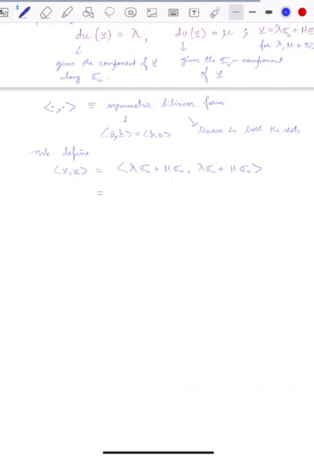As per linearity, we can write it as lambda, which is just a scalar, and we can bring it out of the inner product: sigma u, comma lambda sigma u plus mu sigma v, plus, for the second term, mu again is a scalar, so we can bring it out of the inner product, and this will have sigma v, comma lambda sigma u plus mu sigma v.